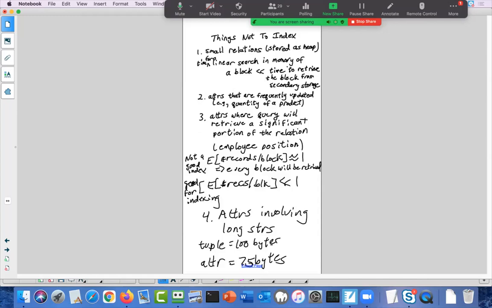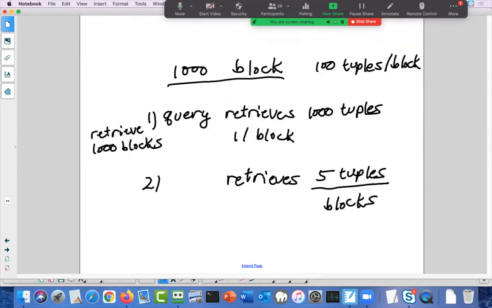Well, what I'm saying is, when I say expected records per block, let me define that better.